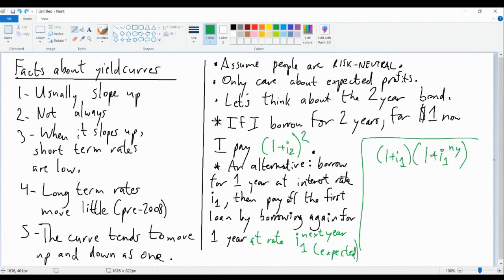Finally, all this is going to be true regardless of whether or not you're risk neutral. The key thing here is that if everyone is risk neutral in this economy, then these two have to be the same.